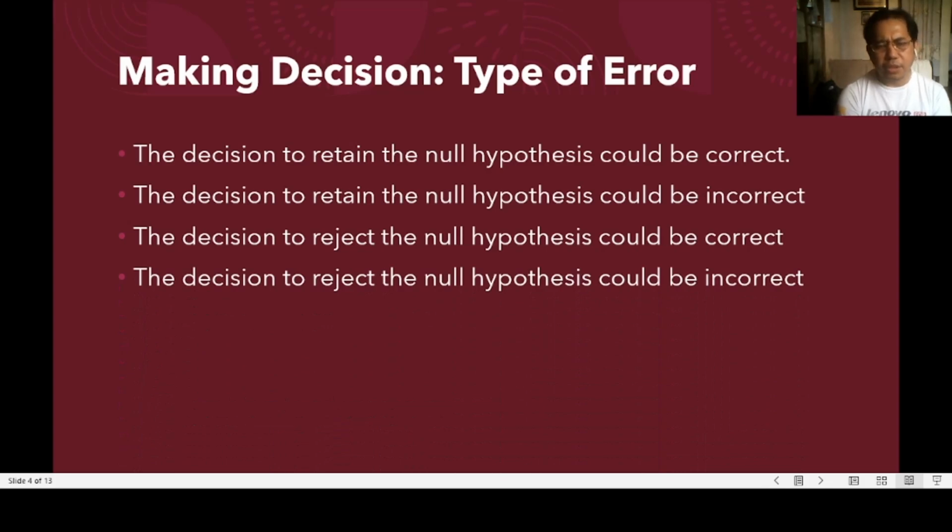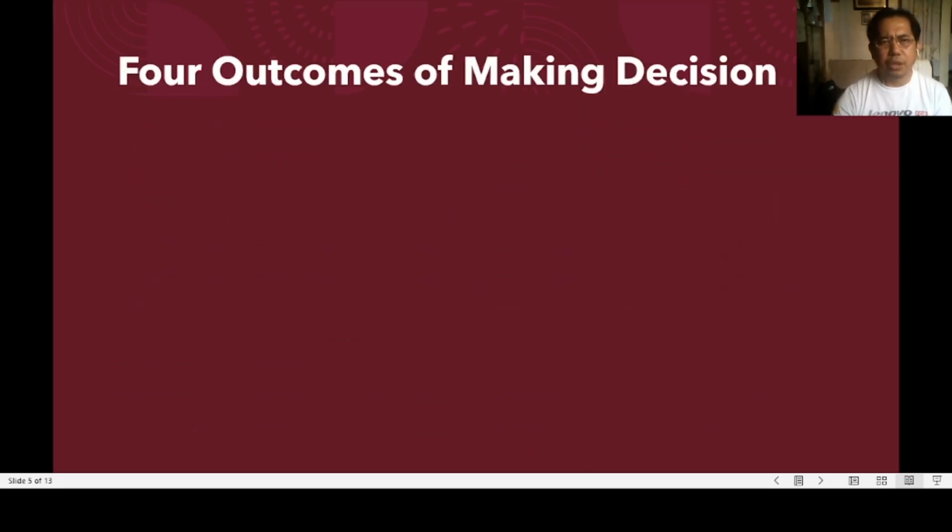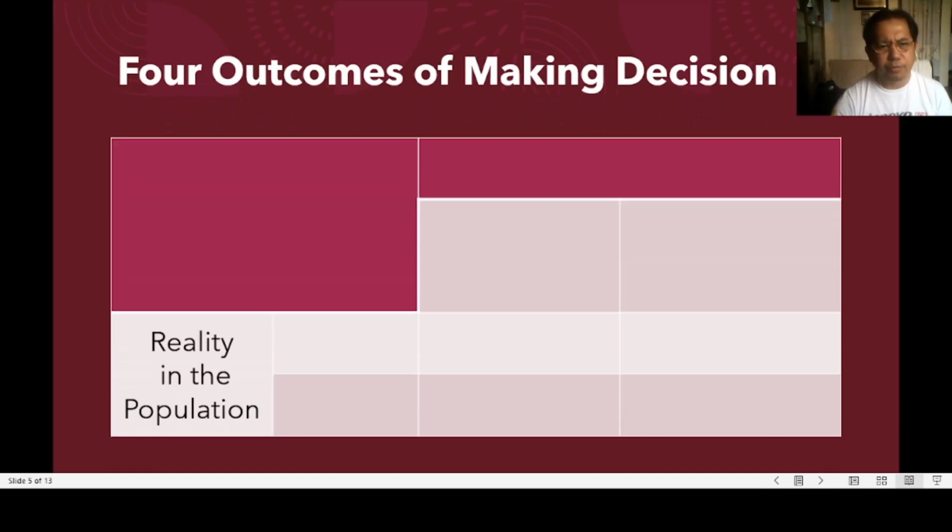These are the scenarios regarding the decision about the hypothesis we stated in step number one. There are times that we decide correctly, and times that the researcher could decide incorrectly.